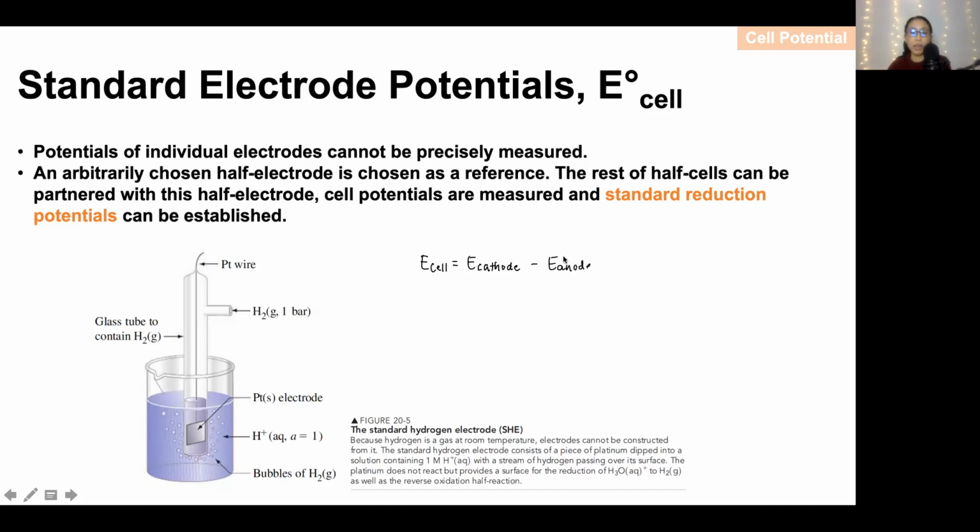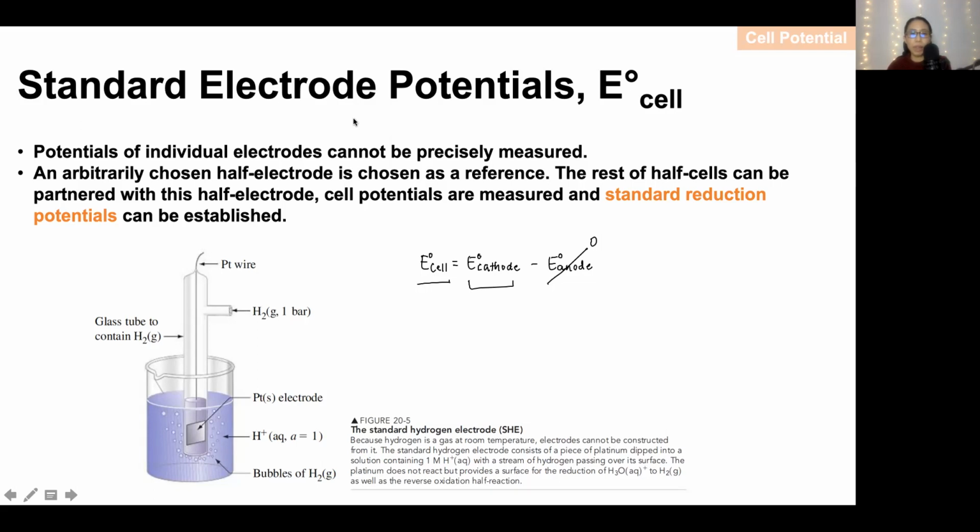And since we are in a standard state, we place the naught symbol there. The reference electrode is set as the anode of your electrochemical cell. And because it's assigned a potential of 0, any cell potential you measure with the standard hydrogen electrode as your anode, the measured cell potential will become what we call the standard electrode potential for your cathode.